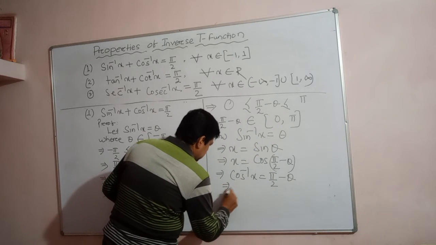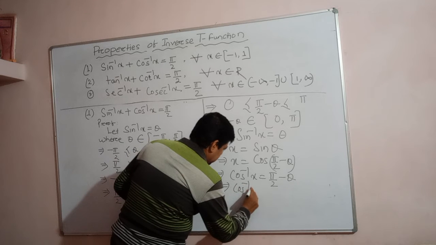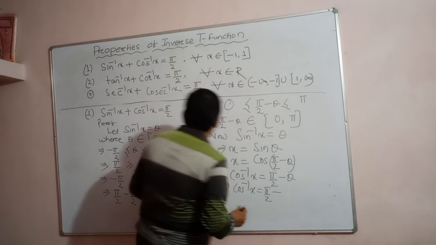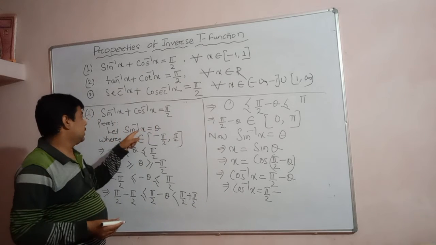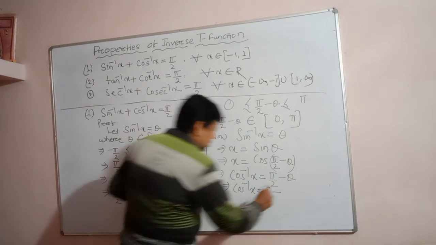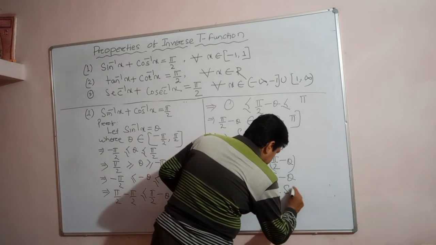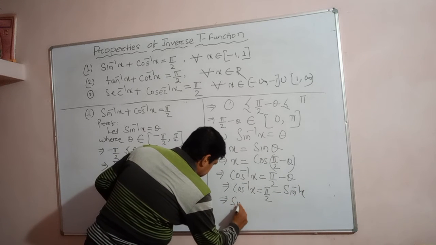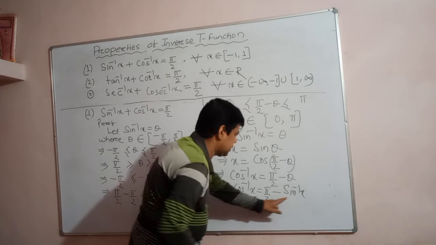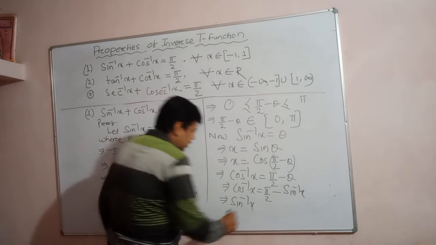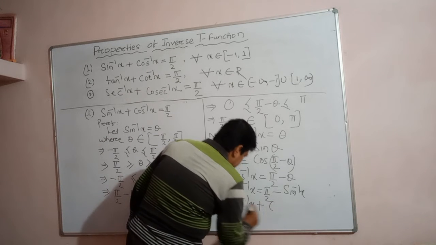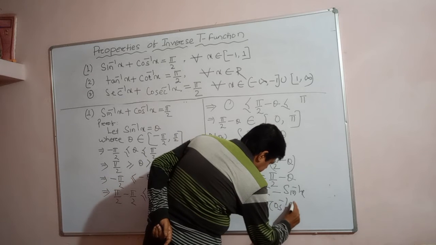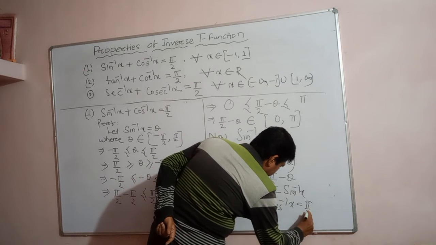So cos inverse of x is equal to pi by 2 minus sine inverse of x, in place of theta. Sine inverse of x will be transferred to the left hand side, so sine inverse of x plus cos inverse of x is equal to pi by 2.